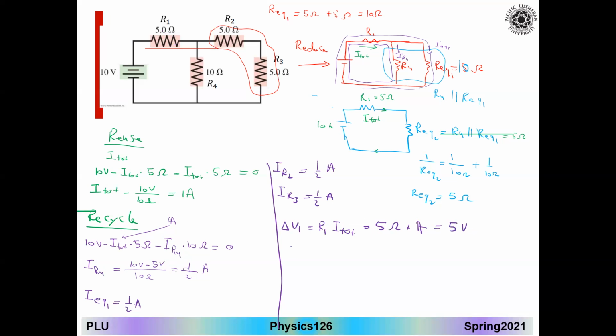That's the delta V1. Delta V2 in the resistor R2, the same thing, will be R2 times I R4. I have R2, it is 10 ohms, times a half amps. I end up with 5 volt as well.